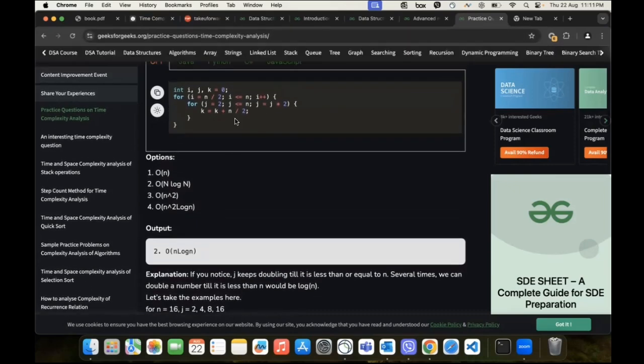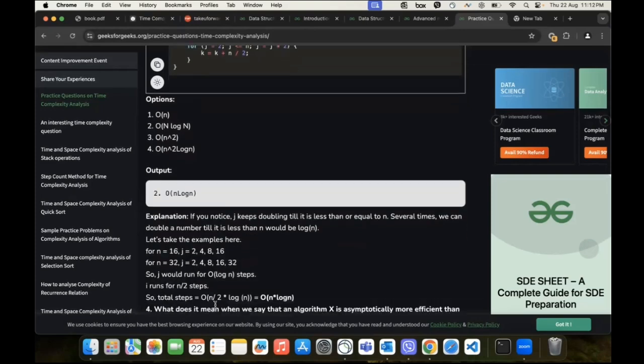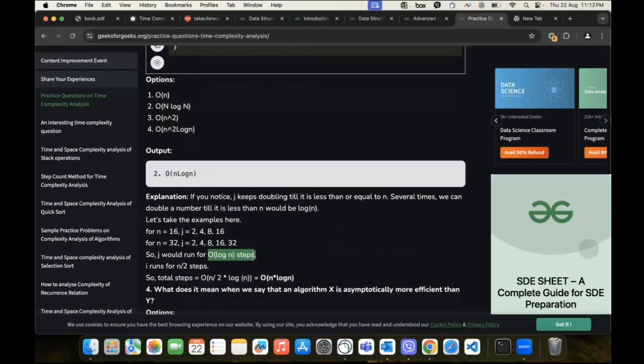So total number of steps you can count like this: it will run first log n steps. It will generate this log series I told yesterday. If you write all the steps, first it will run 2 times, then 4 times. The logarithm series is like 1 by 2, 1 by 4, 1 by 2 cube, 1 by 2 power 4.